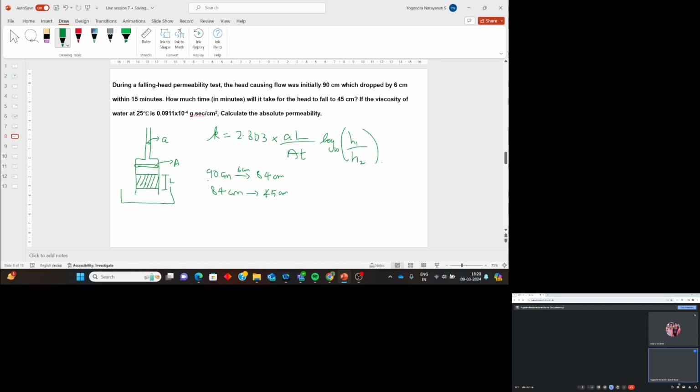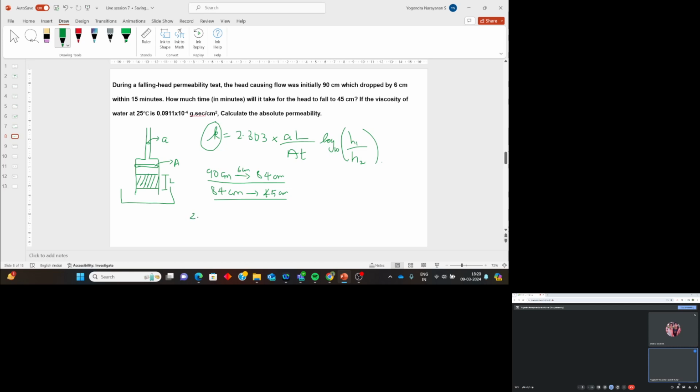So in both the conditions, which parameter remains constant? aL by A and permeability is constant. So you can equate this part.